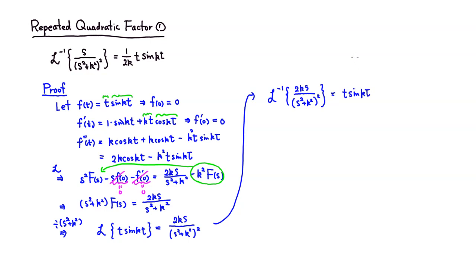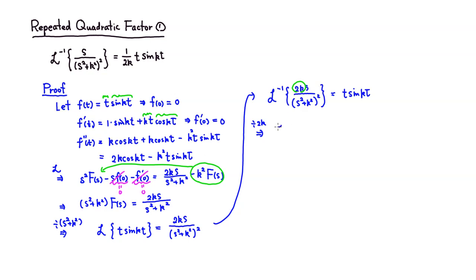All right, the only difference is you have this extra 2k there. We can simply divide through by 2k. Remember that the Laplace transform and inverse Laplace transform are linear, so you can pull the constant out.